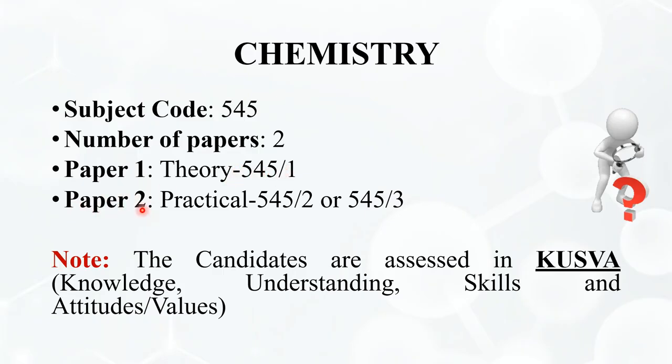And we have also paper 2, which is the practical assessment, which is 545/2, or it can be 545/3. Now it becomes /3 depending on the school when it has a bigger number, and they have to divide this number into two sessions. So majorly there are two papers, the theory paper and the practical paper.